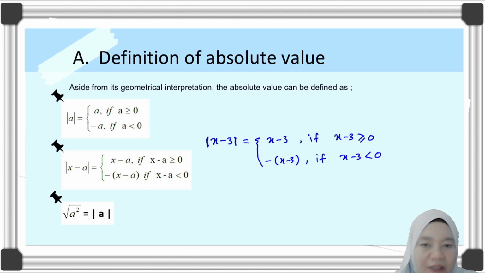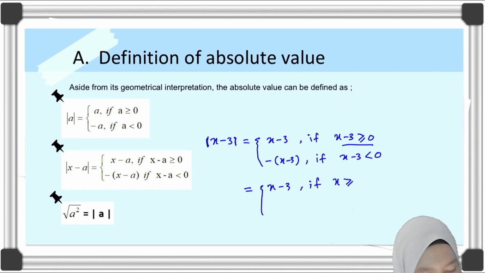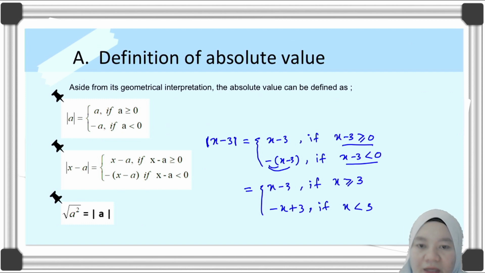And daripada sini, kita boleh simplify dia menjadi x minus 3 if x is greater than or equals to 3, and negative x plus 3 if x is less than 3. So daripada sinilah x minus 3 less than 0 means x less than 3. Right? So kita boleh simplify sehingga bentuk begini.